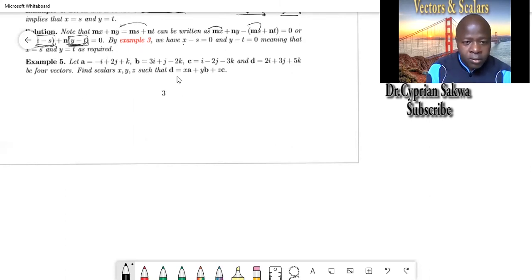Now, what we need to do is equate the 2 vectors, the vector on the left and the vector on the right side. Let's begin with the right side.